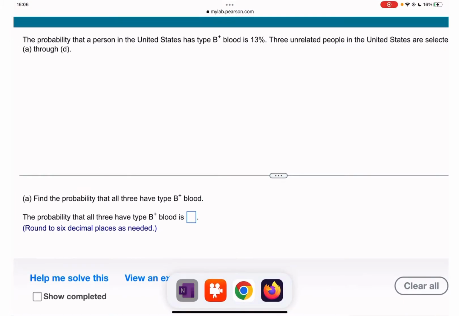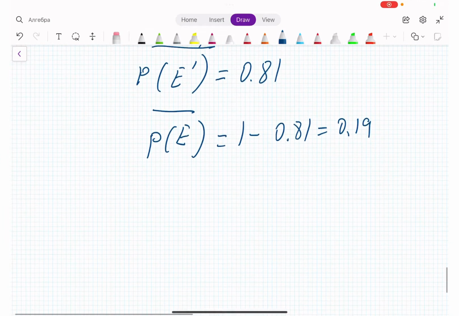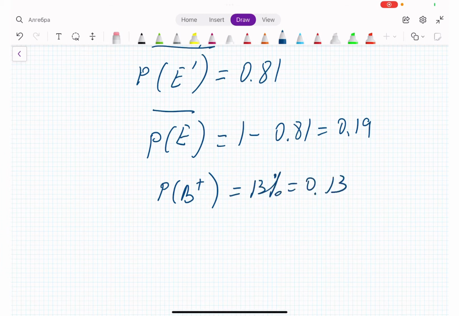So if we have 13%, probability for B plus is 13% or 0.13, then what we are going to do is multiply them by each other.